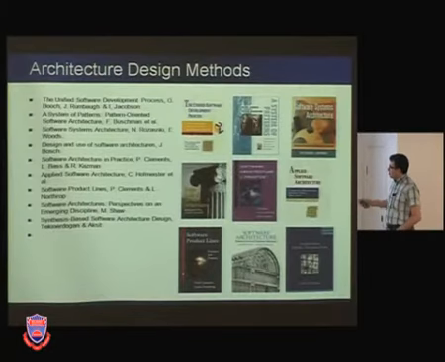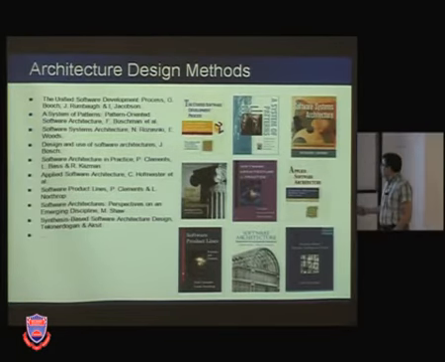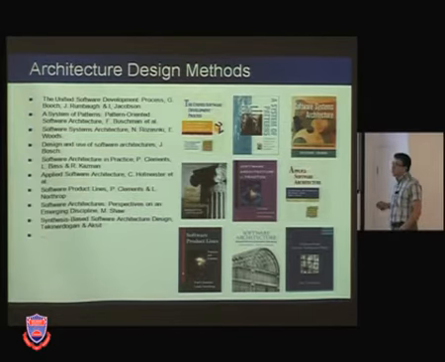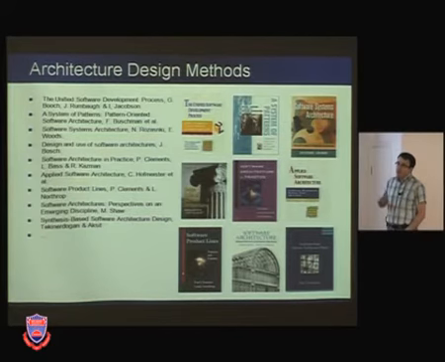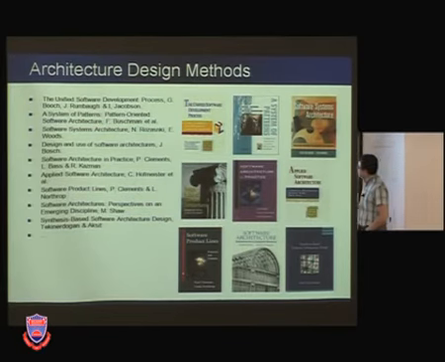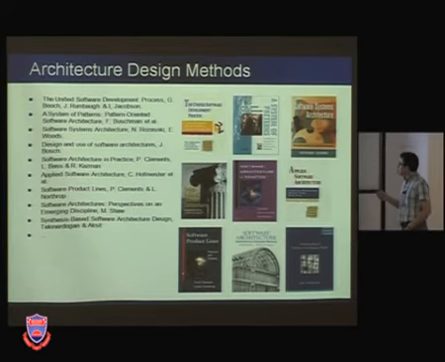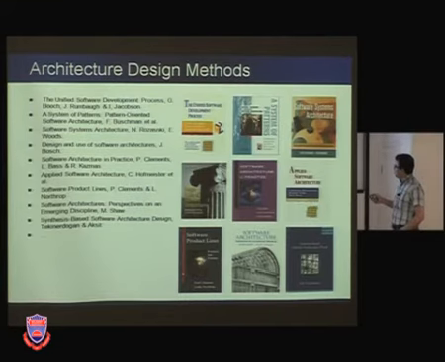This is not comprehensive, just an example set of methods, each of which defines a process to define software architecture. The unified process, with architecture-based patterns, pattern-based architecture, etc. They are just examples.